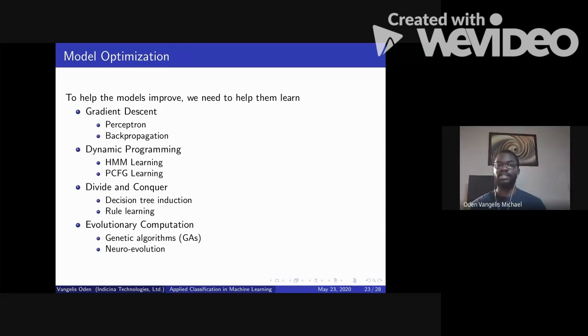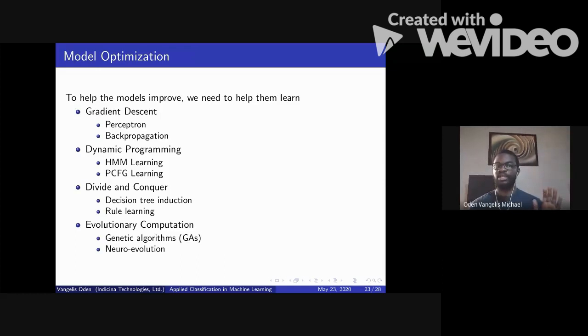An optimization technique just takes the learning and tries to help the model find the best solution to how it's able to interpret data. So we have gradient descent, and under gradient descent, we have backpropagation and perceptron. We have dynamic programming, HMM learning, PCFG learning.